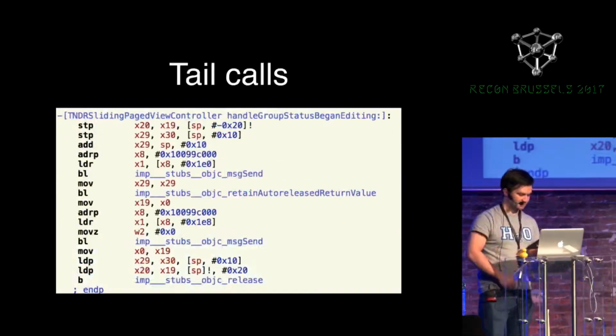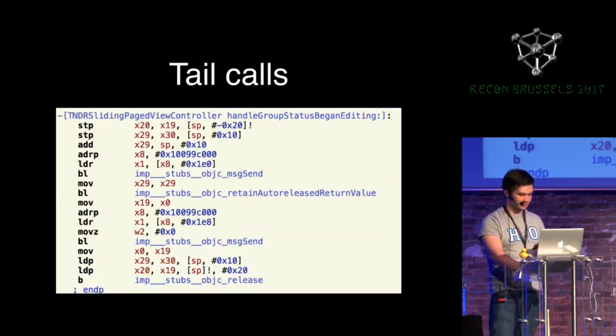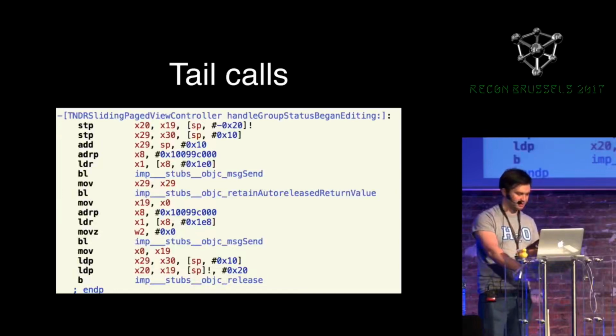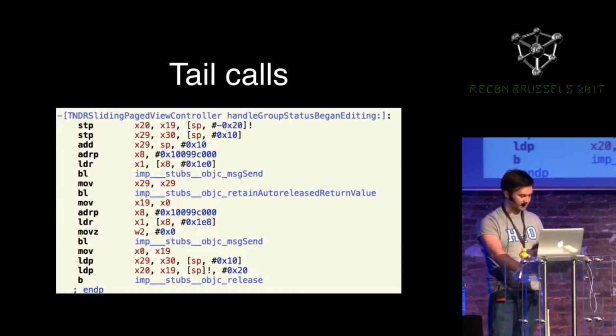Functions in ARM often end with a tail call, which also should be accounted for in the CFG recovery. This is an example of idiomatic code for iOS applications. A function concludes with a tail call to the Objective-C release. So we should take special care about it.